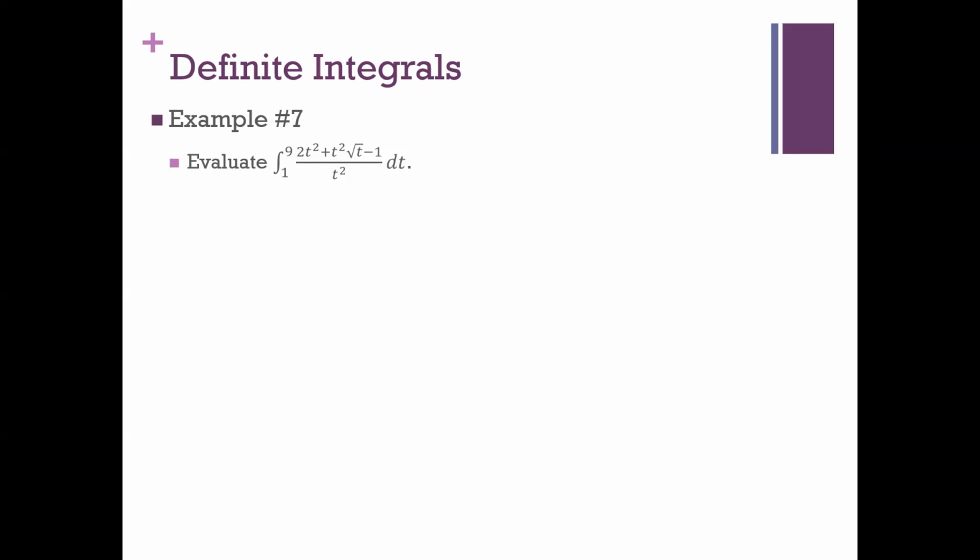All right, so let's handle this thing. How do we do this? What kind of function has a derivative that looks like that? Is that even the question I should be asking you?